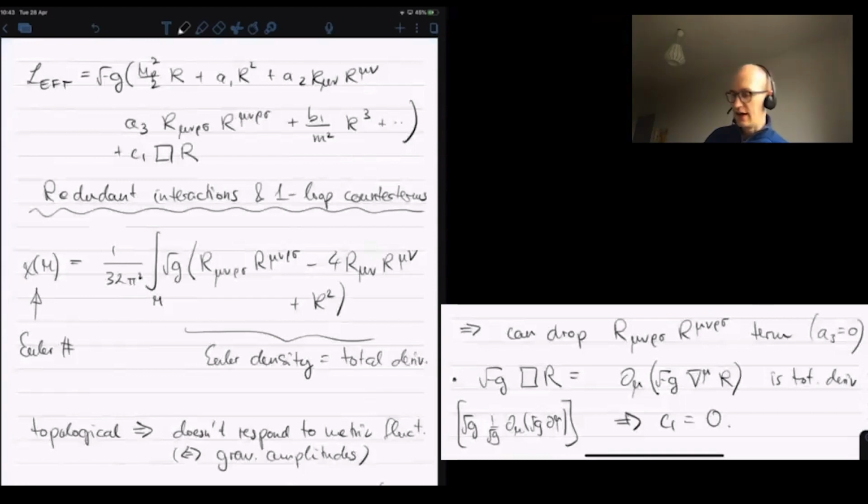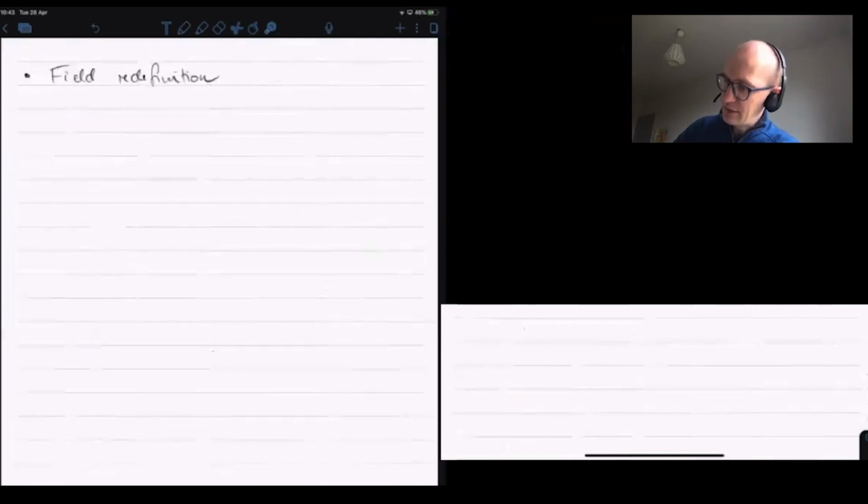Yeah, sure. And I was making the point that the fact that these terms can be written as total derivatives, this specific term, had to do precisely with the way that the covariant D'Alembert operator acts on the curvature invariant R. But now, field redefinition is something that can be done for any effective field theory, and it has really to do with the fact that you do a derivative expansion.